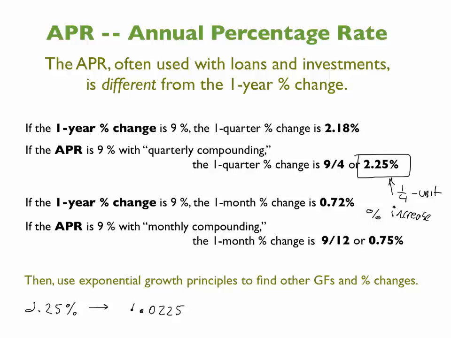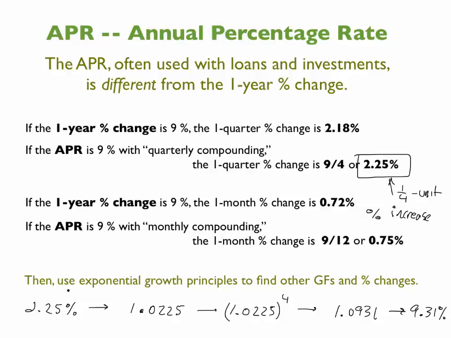Oh, plus 1. So 1.0225. This is the 1 quarter unit growth factor. And then raise that to, this is the 1 quarter unit, and we want the 1 unit, so the 4th, right? Anybody got it? 0.093. One more. The true 1 year percent change then is 9.31%.